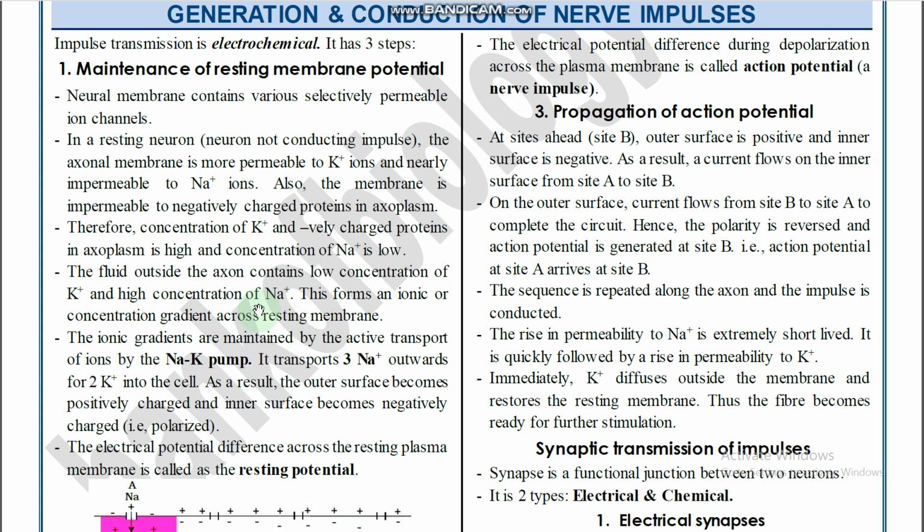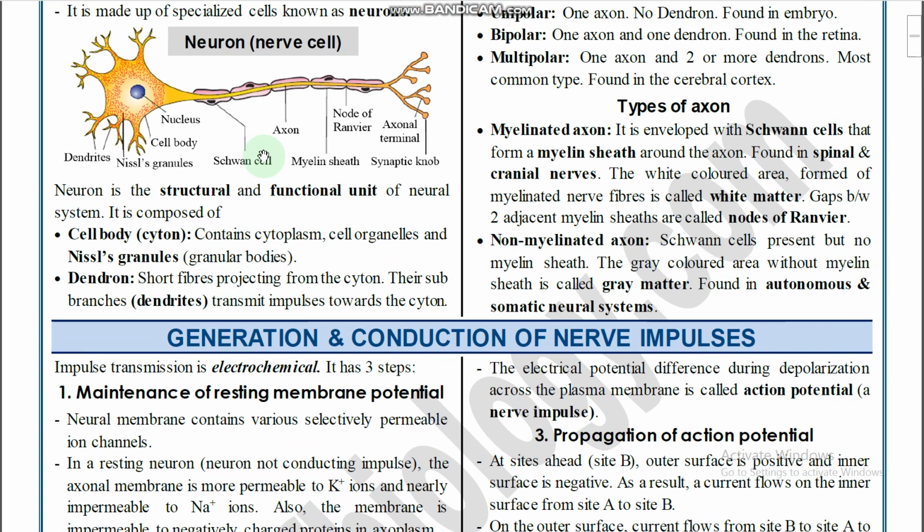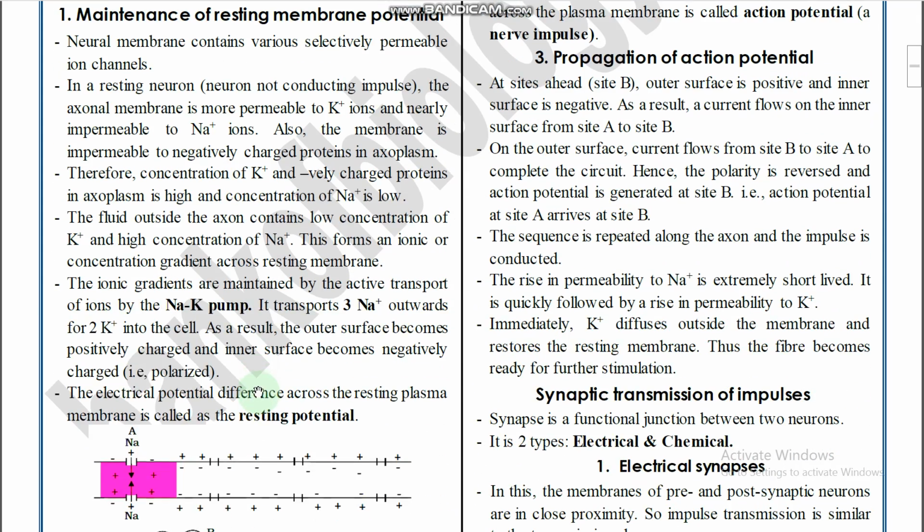Gradient means changes, right? So the outside of the neuron and the inside of the neuron, the axoplasm, which is the inside of the axon, do not have the same ion concentration. So a concentration gradient is maintained across the resting membrane.